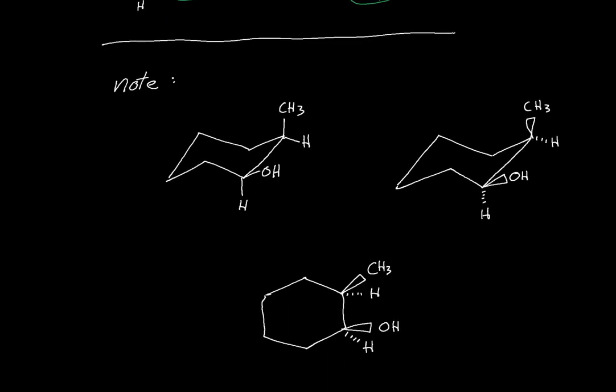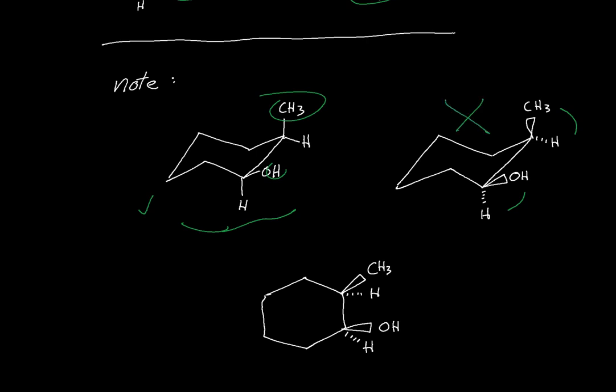Now, just a little tip, a pitfall to avoid. If I'm drawing a cyclohexane substituted like this, I draw it like this. This is perfectly correct. We're drawing it in this particular way to show it clearly. So we don't need the wedges and the hash marks when we're drawing it in this particular style of drawing, like for a chair.